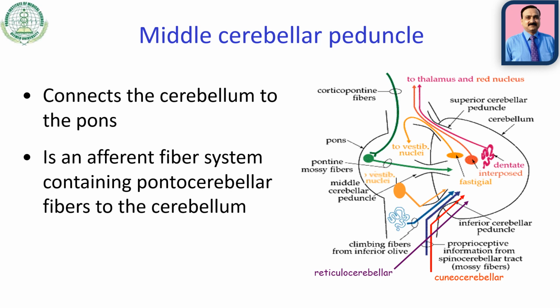The afferent fiber system contains the pontocerebellar fibers, while the efferent contains the cerebello-reticular fibers. So these are pontocerebellar fibers, and these fibers are also called mossy fibers.